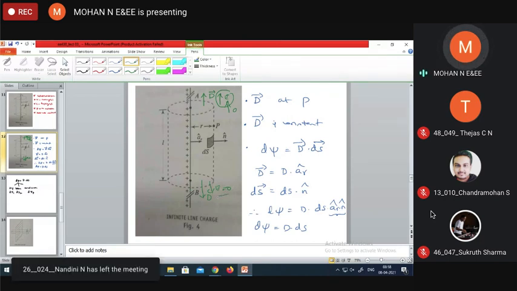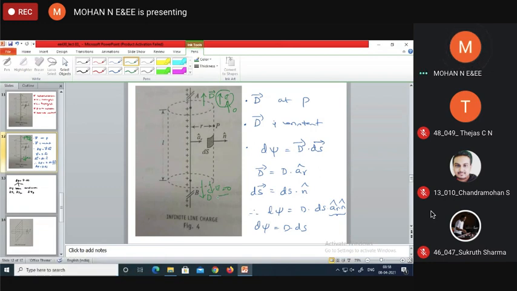So obviously E is 0. So when E is 0, there will be no flux crossing the cylinder's top and bottom.